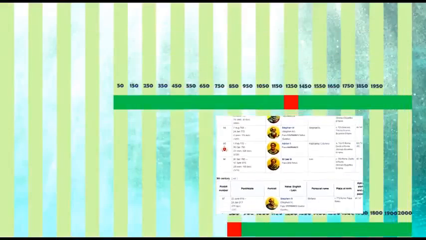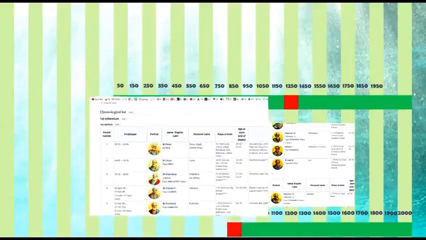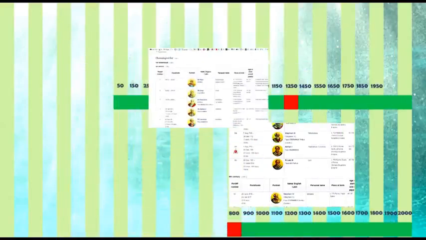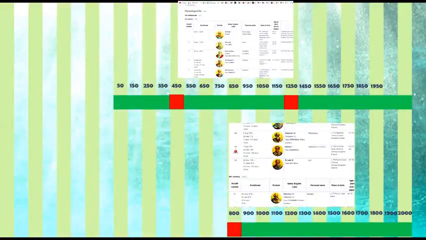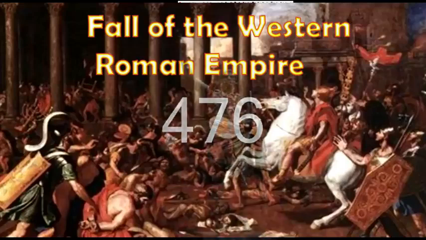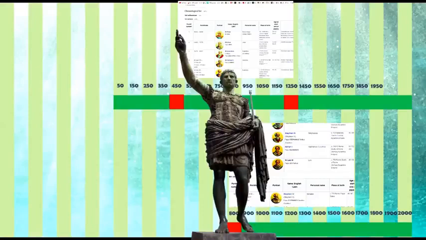Let's return to the list of the popes. But let's put the second list on the other timeline. That brings us to the year 450. So in 476 you have the fall of the Roman Empire.